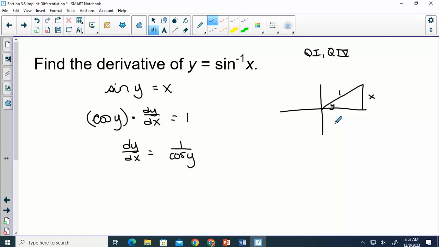Pythagorean theorem, a squared plus b squared equals c squared. So, square root, and the side is the square root of 1 minus x squared.